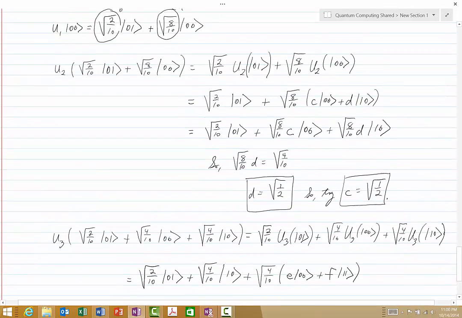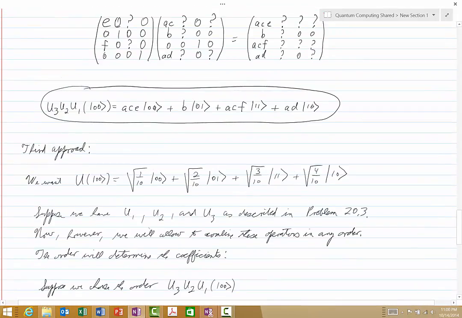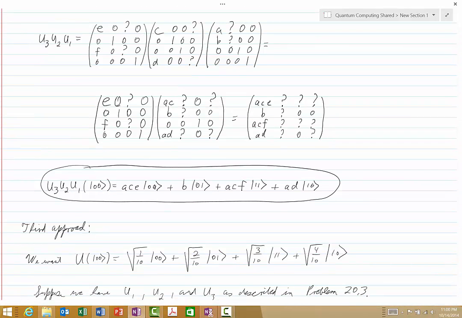And one more comment before we get to the problems. You might ask yourself in this second approach, why do we have zeros? Why, despite the fact that we have so many question marks up here, why can we still say that U3 times U2 times U1 will have 0 in these three locations?